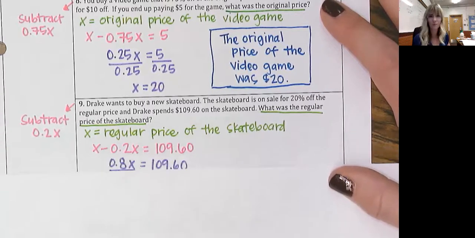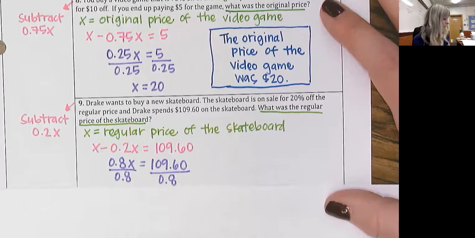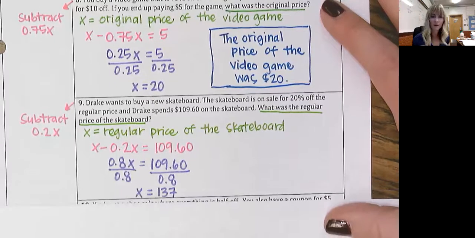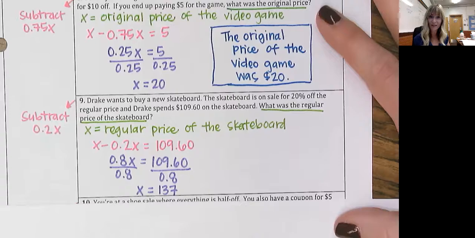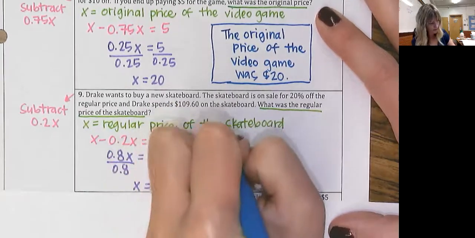Subtraction, 1 minus 0.2x is 0.8x. This is the cleanup part, combining like terms. Now I'm going to do the inverse operation part where I just divide both sides by 0.8. All I had to do was multiplicative inverse after I combined like terms. Typed it in my calculator and I got 137. Finally, let's relate that answer back to the question.